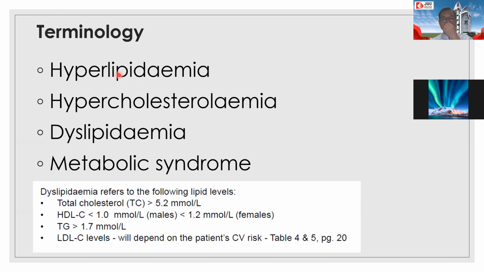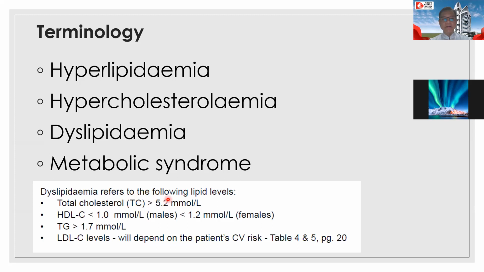So if we say hyperlipidemia, it's wrong because in this case the HDL is low. If the HDL is low, it's not hyper, right? So some experts prefer to use dyslipidemia. And also metabolic syndrome.